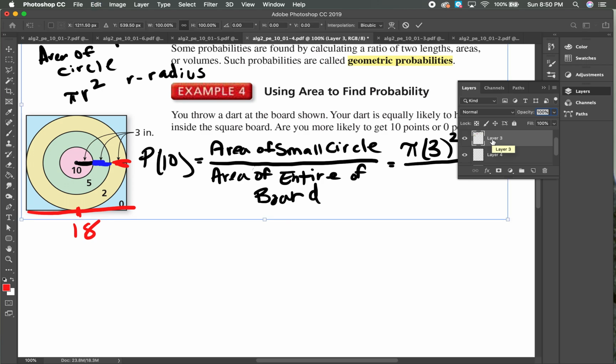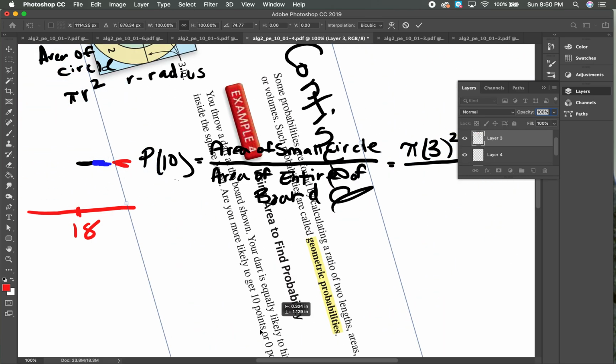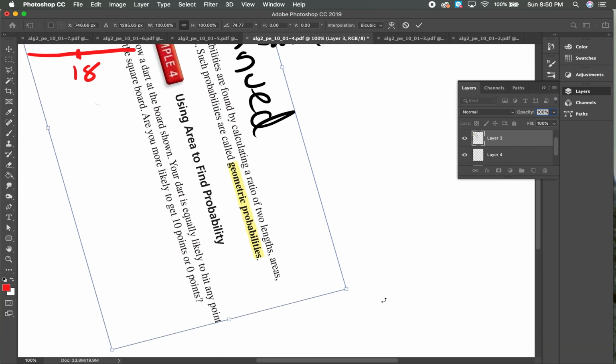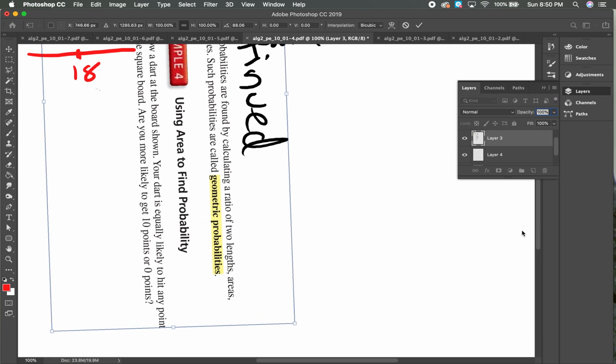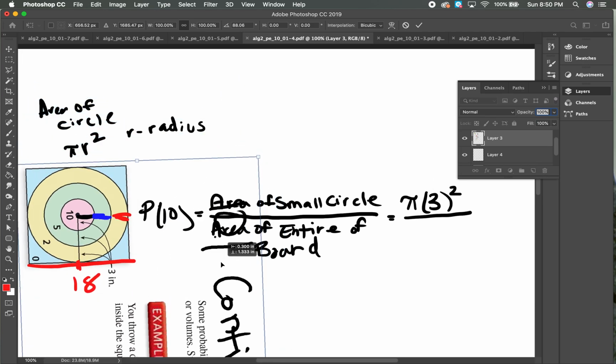Now, just because of the way circles are, if I look at it this way, my side length is also going to be the same, because a circle has the same radius horizontally and vertically, right?